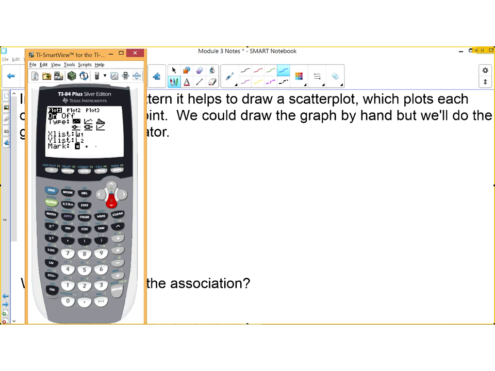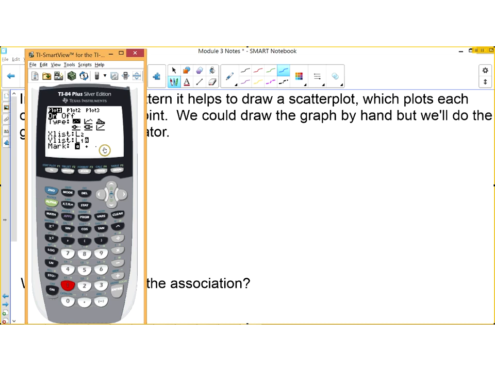So for us, size is the explanatory variable, so I actually need to change that to list 2 because that's where I put size. I take the second button at the upper left and hit number 2, and that puts an L2 there. And I go down, and then list 1 is where my Y's, my selling prices are. I hit the second button and number 1.